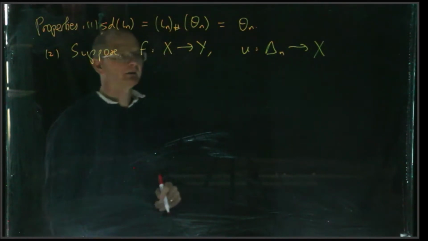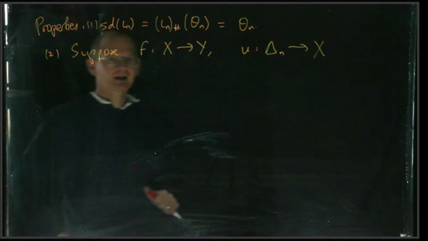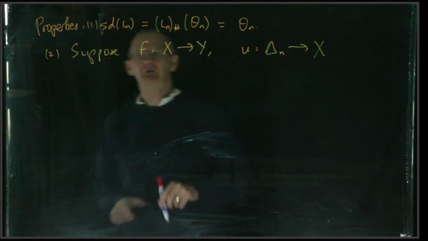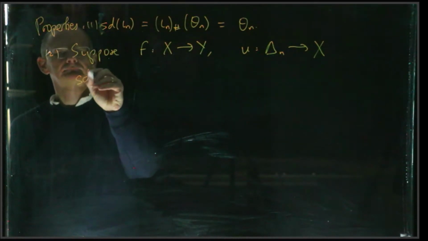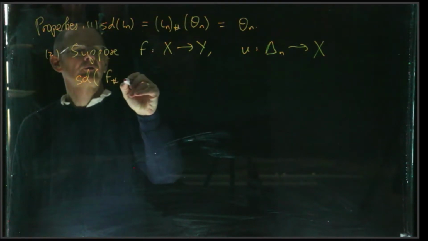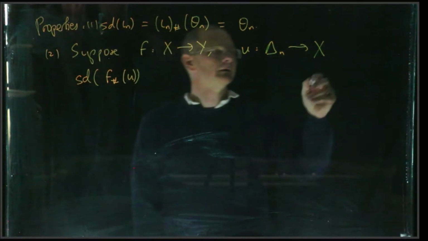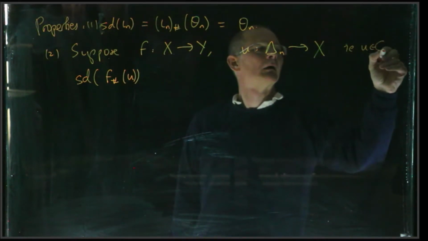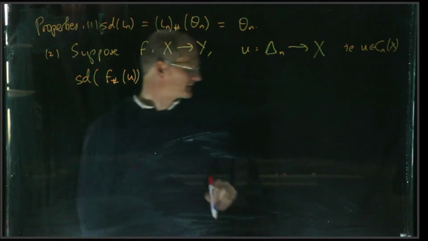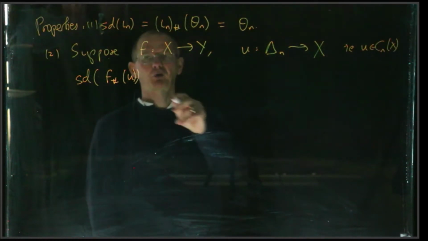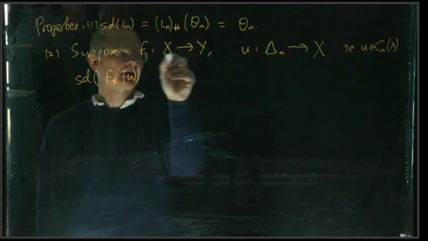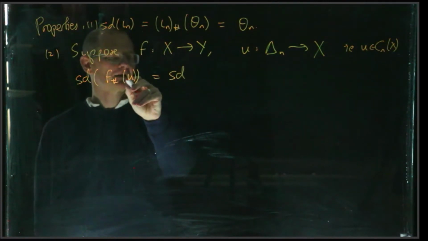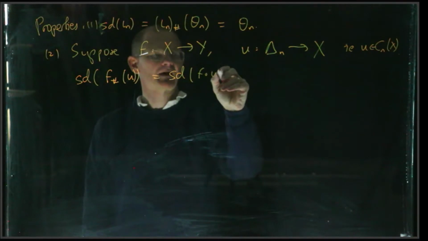Okay, so now the next property I want to mention is so-called naturality. So suppose I've got some function f from X to Y and some u from Δ^n to X. There's two things I could do. Firstly, this is a basis element in C_n(X), and then I could push it forward to get a chain in Y. But remember, what f_# u is, that's just the composite of f with u.